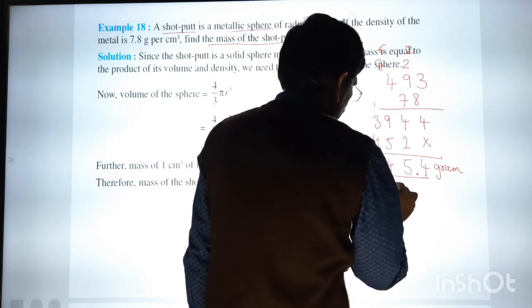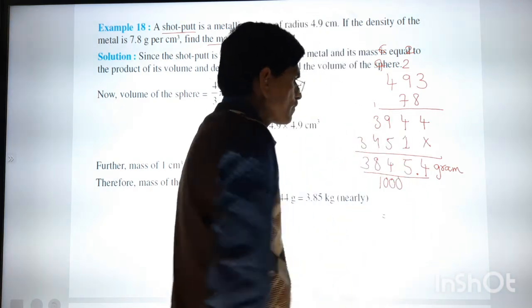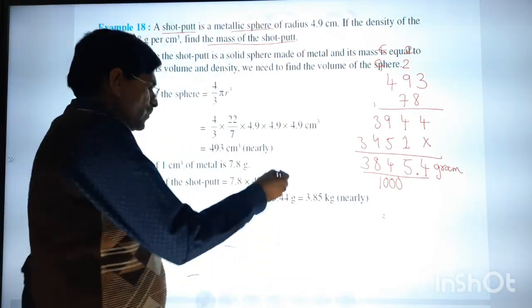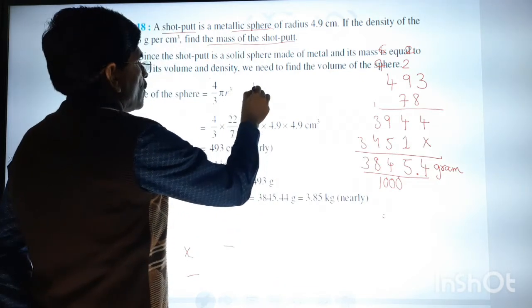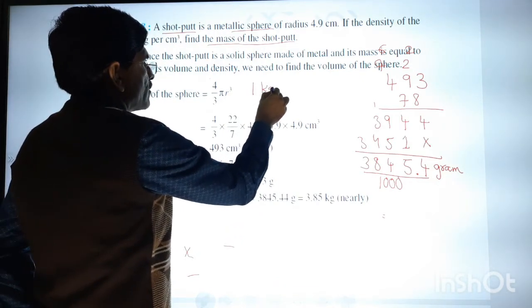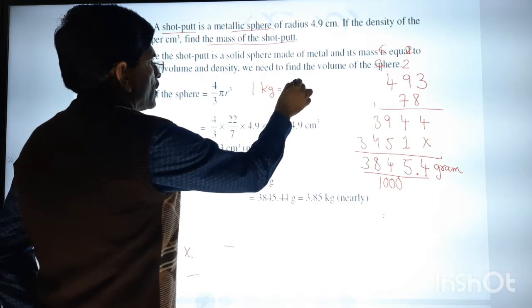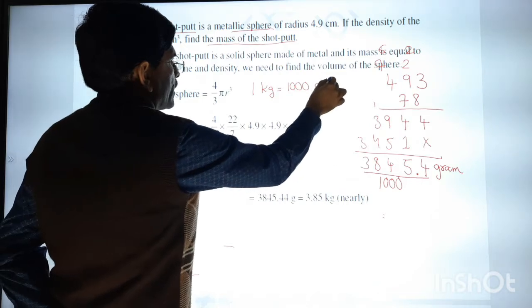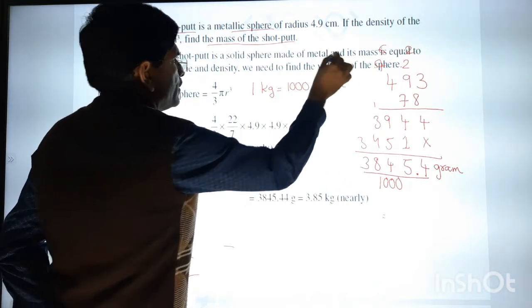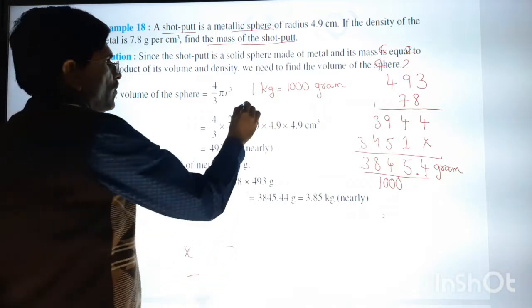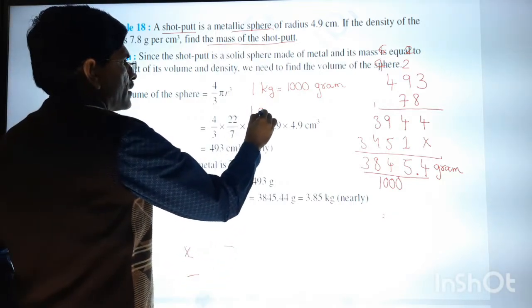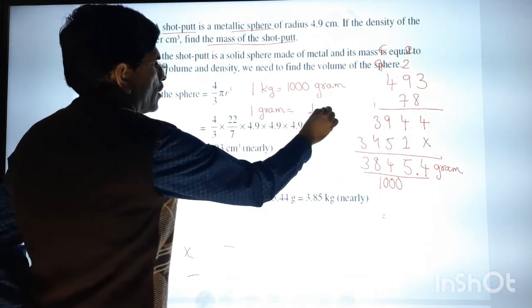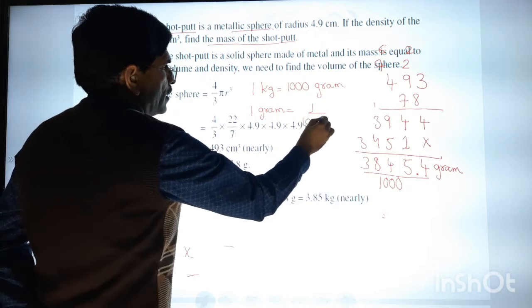If you divide it by 1000, we can get the answer in kg, because we know the relation of it. 1 kg is equal to 1000 gram. Therefore, 1 gram is equal to 1 upon 1000 kg.